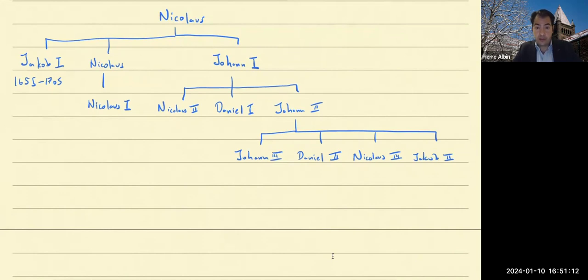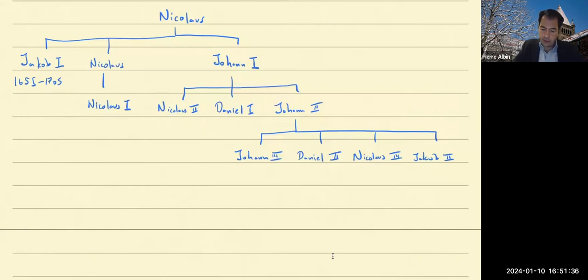This was meant to be practical. They wanted him to go into the church. But while he was studying this, he studied mathematics and astronomy on the side. And he was appointed professor of mathematics in Basel in 1687 after some scientific travels before that.